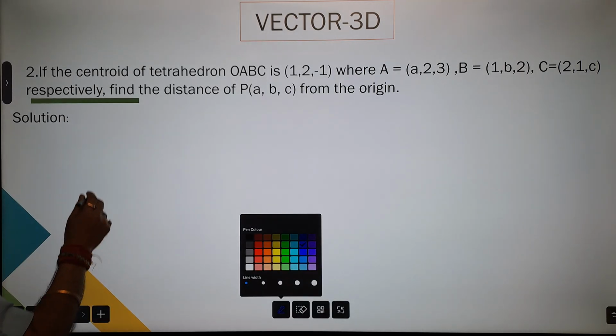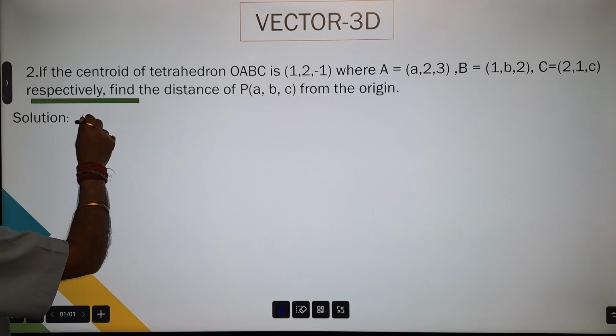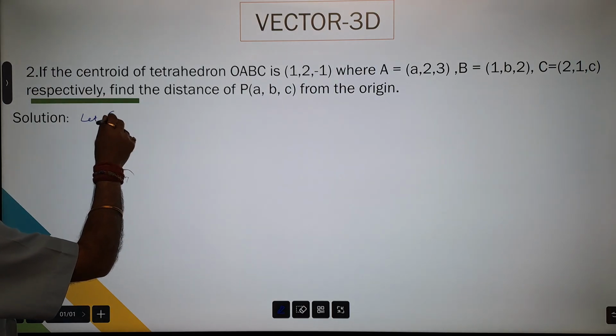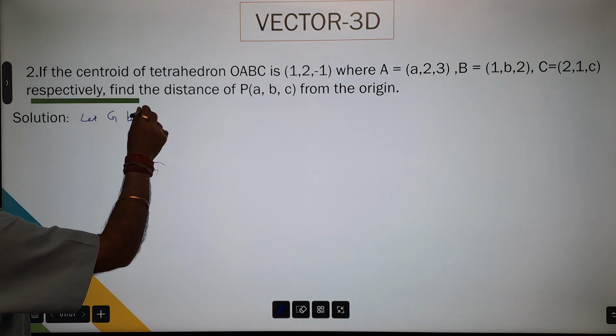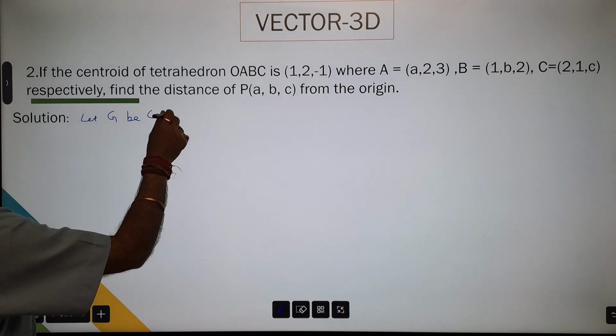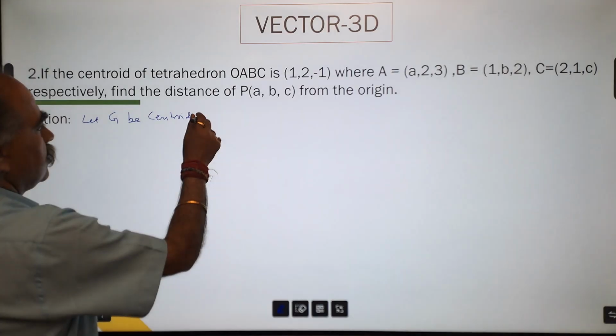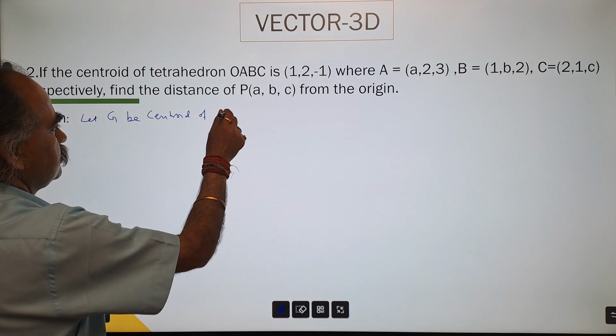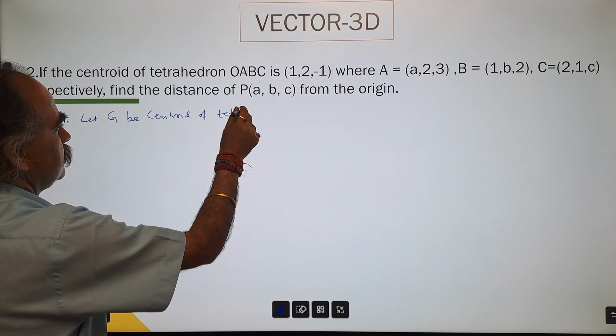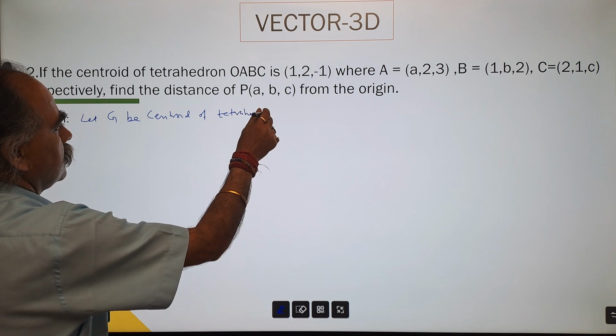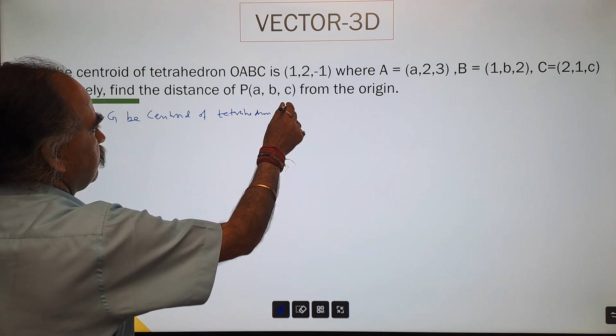Let G be the centroid of tetrahedron OABC.